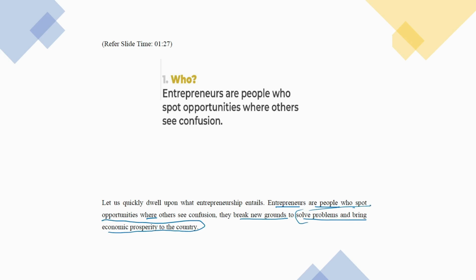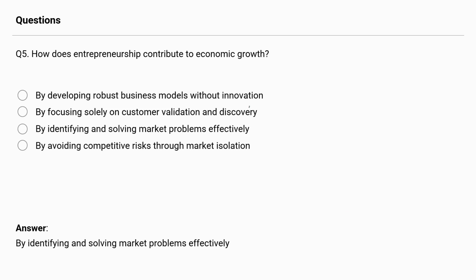Okay, well done, well done. So, if you see the question, we are talking about economic growth. We are talking about the larger interest in terms of the nation, in terms of nation building, right?